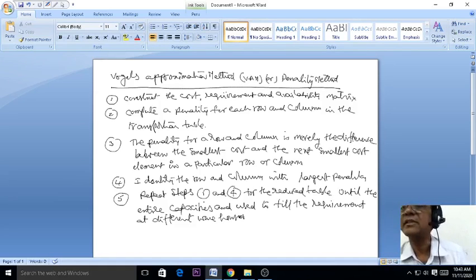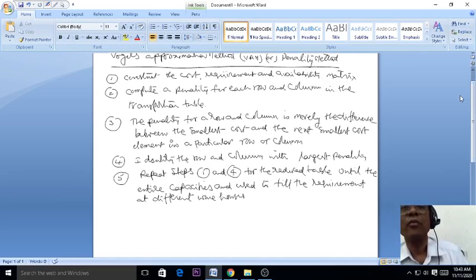So these are the main steps which are involved in Vogel's approximation method.